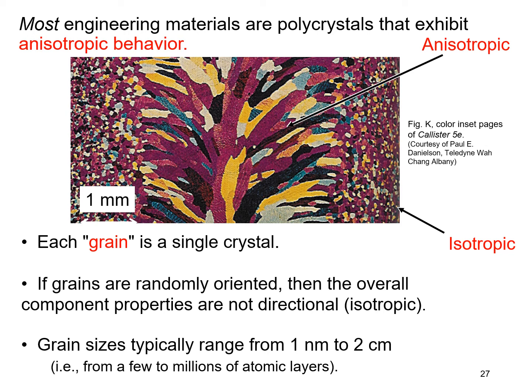Grain sizes typically range from 1 nanometer to 2 centimeters. In the areas where the grains are not randomly oriented, as shown in the middle of this image, the properties are going to be anisotropic, meaning they will be directionally oriented. It is not the same in every direction.